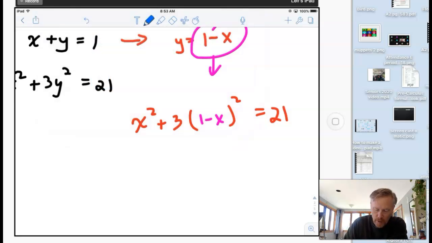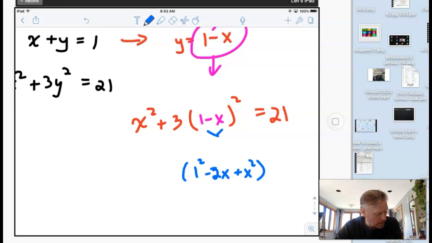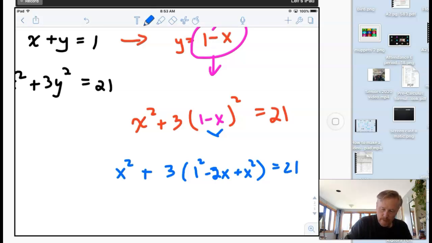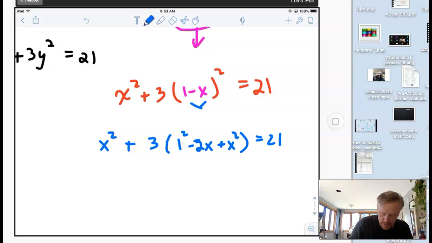The first thing I'm going to do is square that. A perfect square is 1 squared plus x squared. The middle term is what you get when you multiply these two together and double it, or you could do FOIL or box, but that's negative x times 2, which is negative 2x. Now if I multiply that by 3, we can do the distributive property.